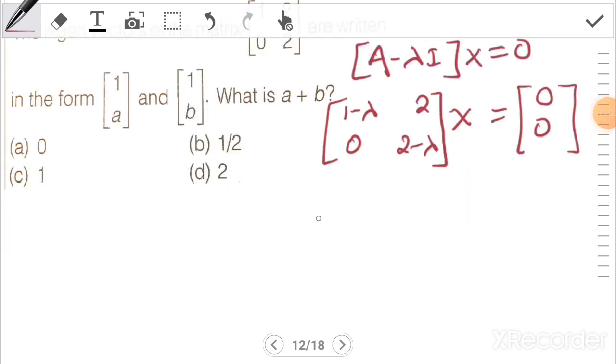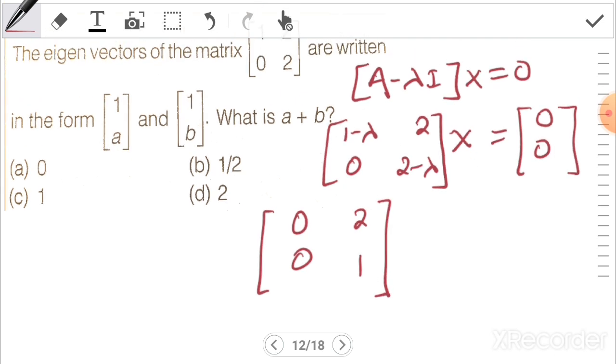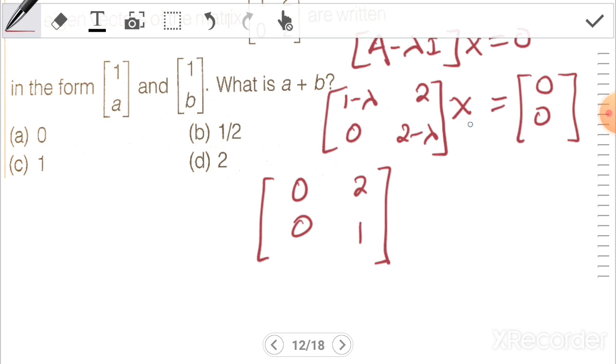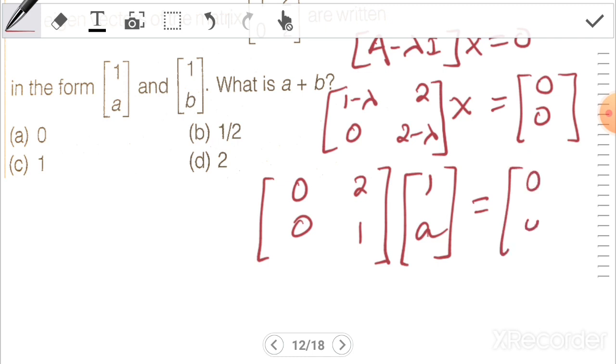Putting the value of lambda is equal to 1, we'll have 0, 2, 0, 1, and replace x with 1 and A, 0, 0.